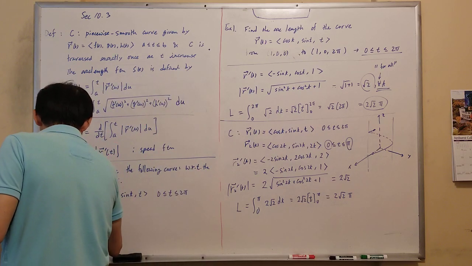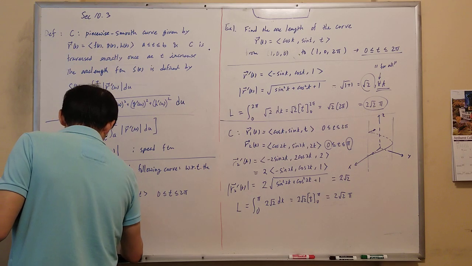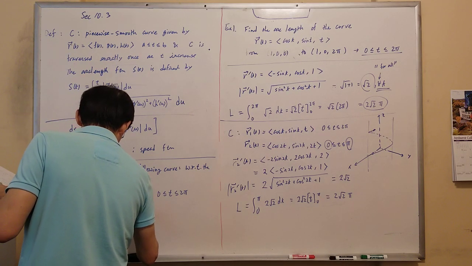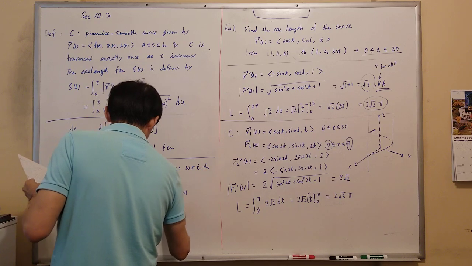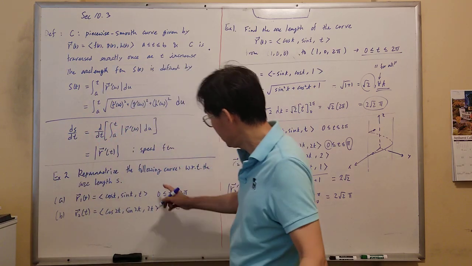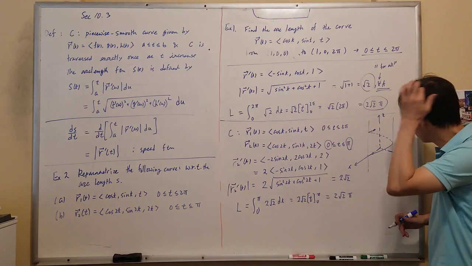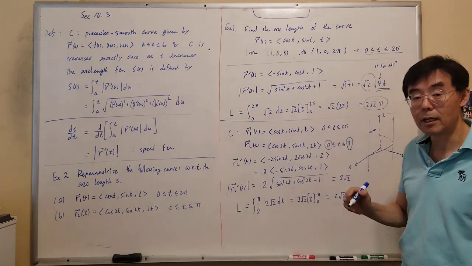B: r2 equals cosine of 2t, sine of 2t, 2t. These are two different parameterizations of a circular helix of one turn in the angle.